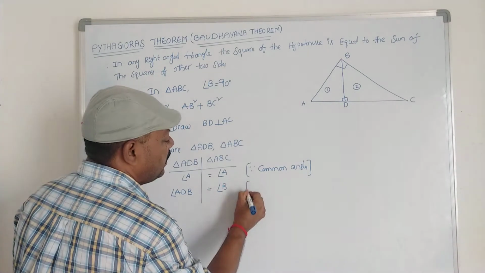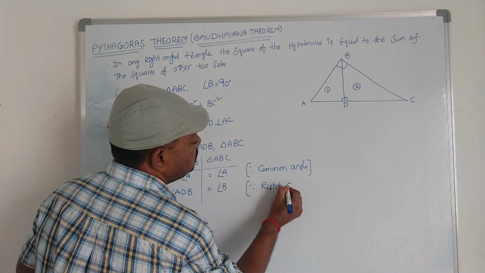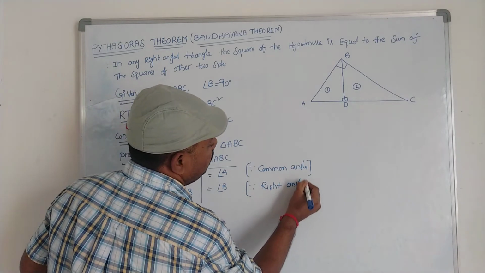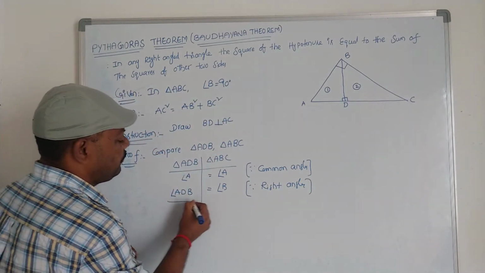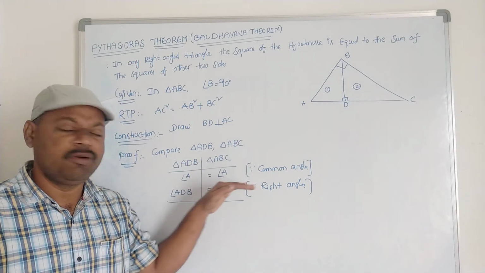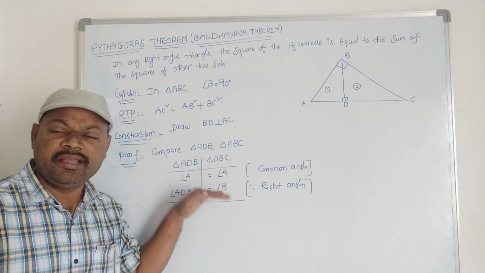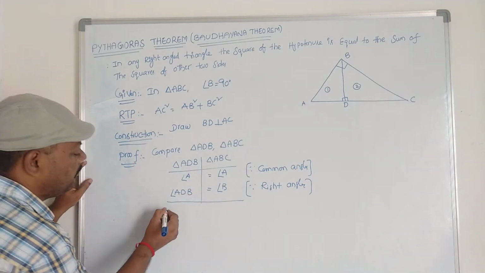So these are right angles, and right angles are equal. Here the corresponding angles are equal. So by AA similarity.